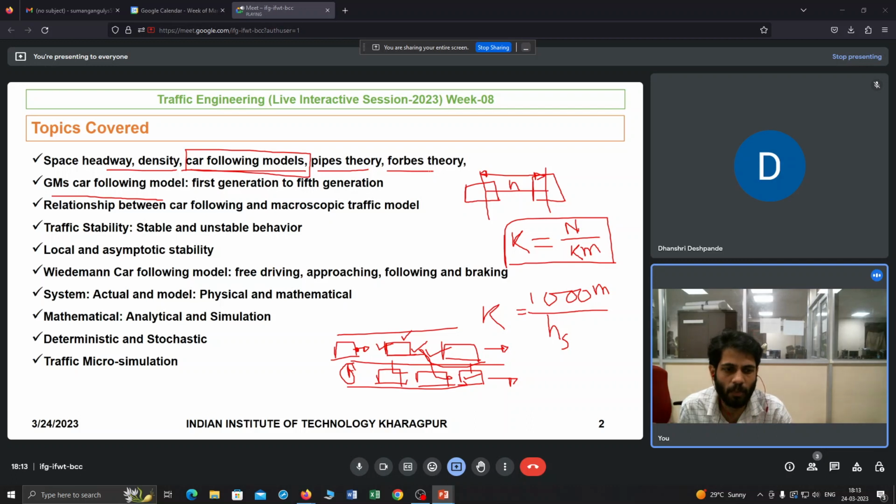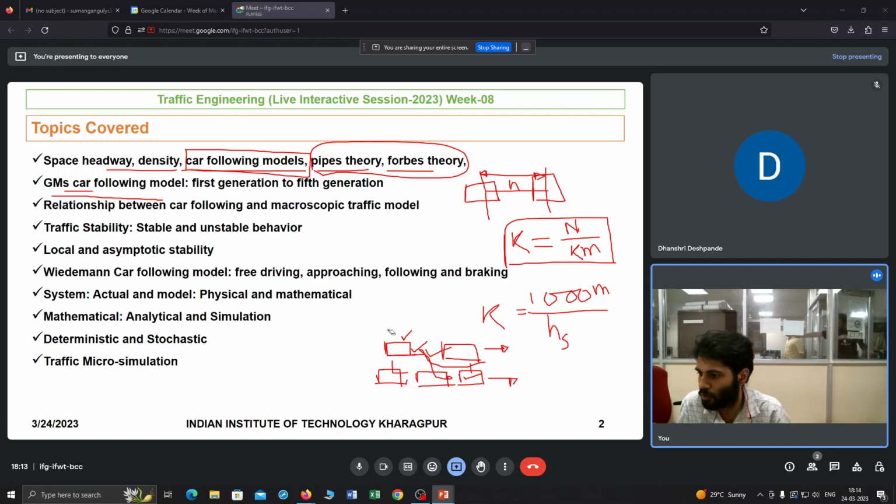But I think they are simple enough to understand. One thing we can mention is that because there are several limitations of these theories, General Motors has come up with some new kind of car following models. So now, if I just remove this, we can start with the General Motors car following models.